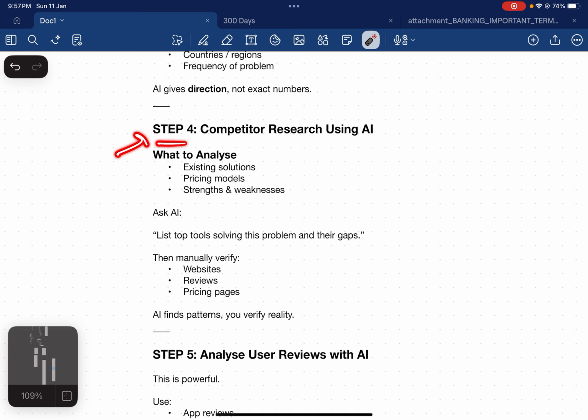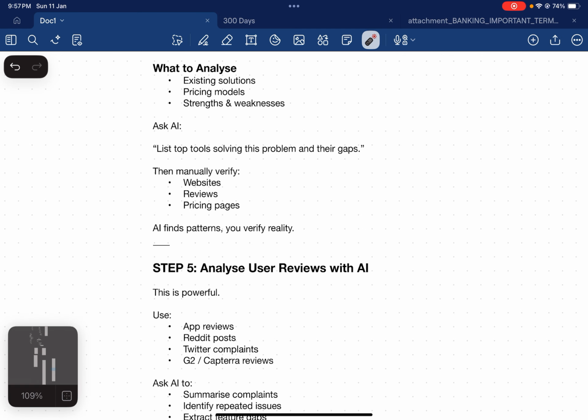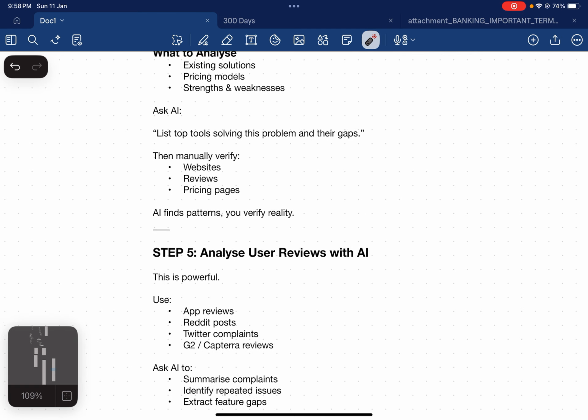Okay, so step 4 is competitor research using AI. What actual solutions are available in the market? What are they, how are they helping, and what is happening? What to analyze? Existing solutions, pricing models, strengths and weaknesses of those competitors.